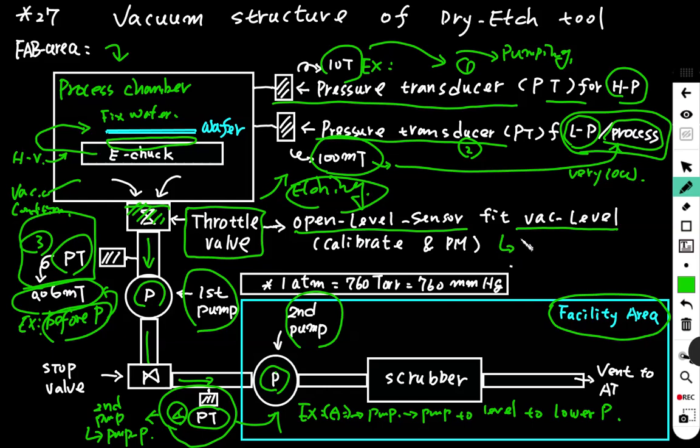It is easy to see: when the throttle valve opens, the vacuum value decreases, and when the throttle valve closes, it becomes small and the vacuum value increases.